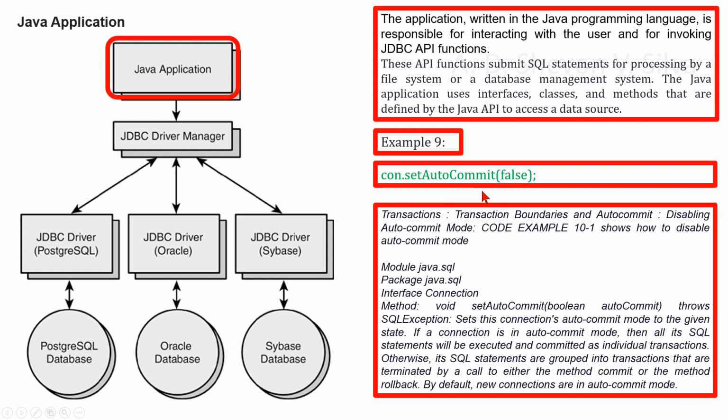If the connection is in auto commit mode, then all its SQL statements will be executed and committed as individual transactions. Otherwise, its SQL statements are grouped into transactions that are terminated by a call to either the method commit or the method rollback. By default, new connections are in auto commit mode.